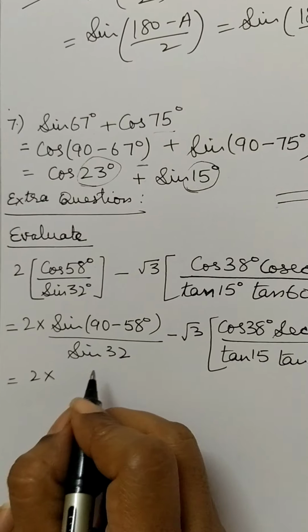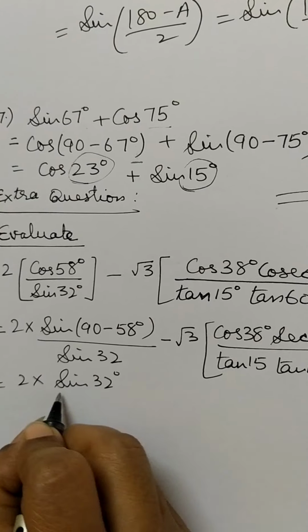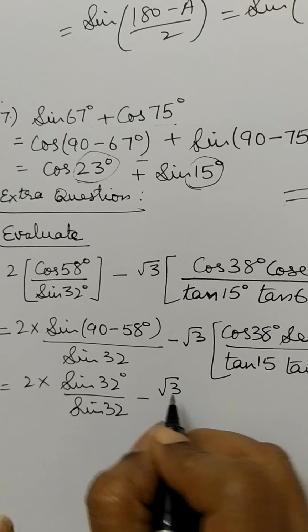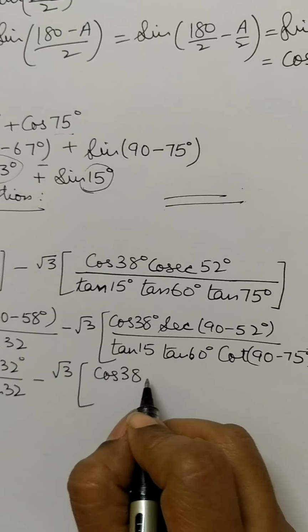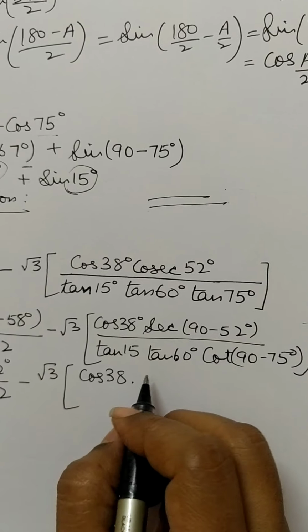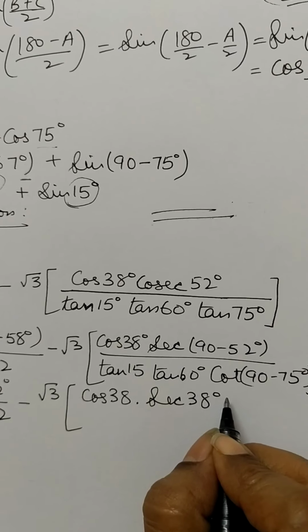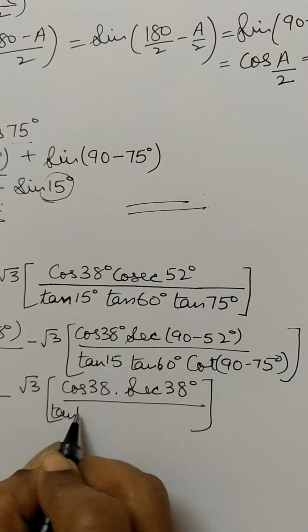Now 90 minus 58 is 32. So sin 32 upon sin 32, minus root 3 cos 38 into sec 38 upon tan 15.